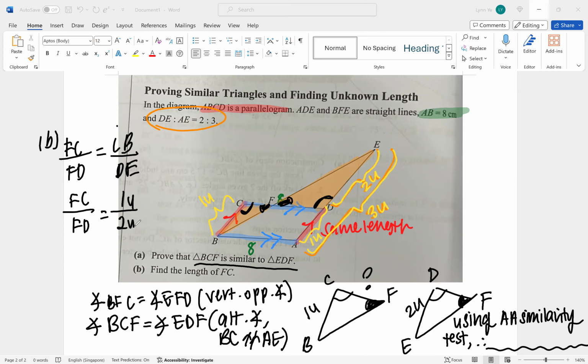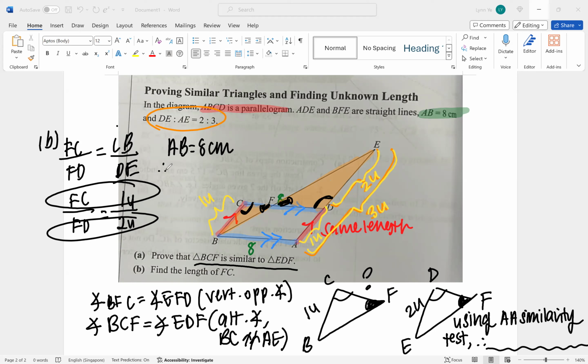FC is not 2 units. FC is how many units? 1 unit. FD is 2 units. And what clue do I have, people? I have one clue in the question. If I know that AB is equal to 8 cm, I can now say that what?